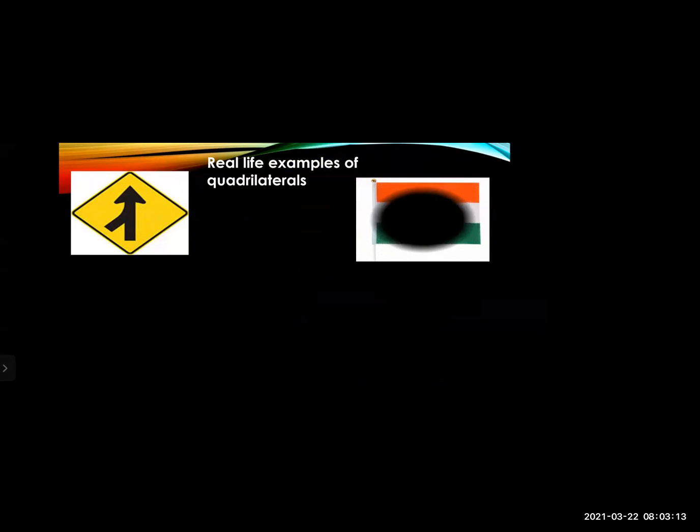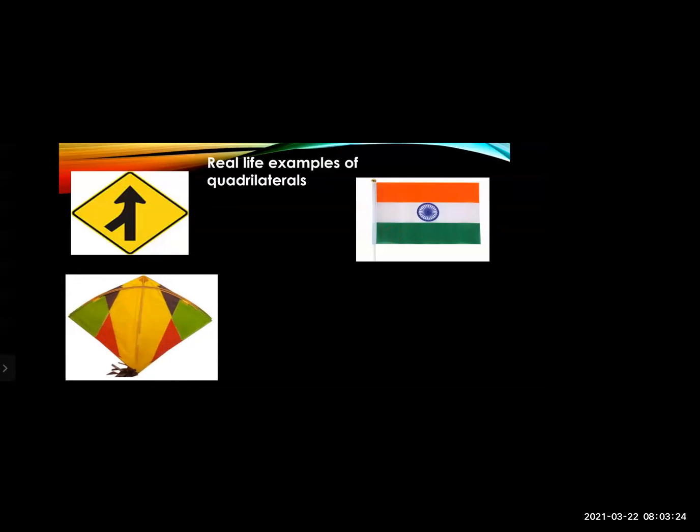Now, let's see the real life examples of quadrilateral. This is a street board. When you go for a drive, you can see the street boards are in which shape? They are in quadrilateral shape. Now, this is our Indian flag. This also has a quadrilateral shape. Now it is what?